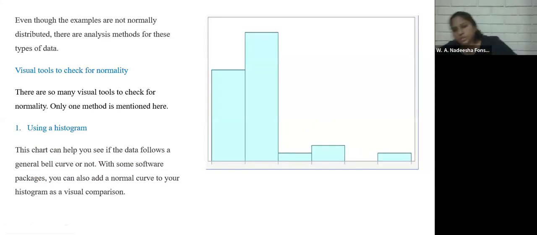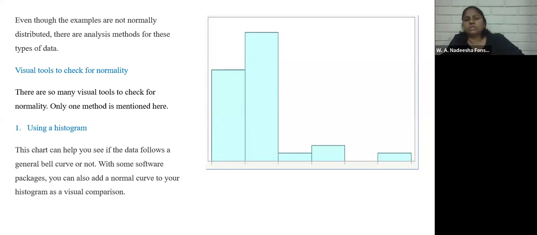Then we can put the normal distribution curve over it, as we discussed in the previous slides, like this. If we put the normal distribution curve here, you can see that these data are not normally distributed. So that is a visual tool to check whether the data are normally distributed or not.